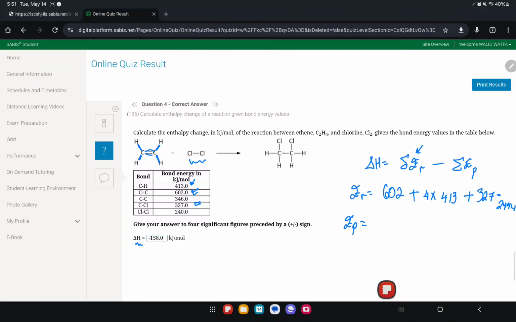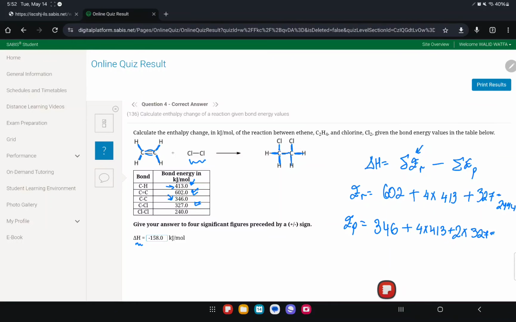Okay, how about the energy for the products? You have a CC bond, so that's gonna be 346. Plus we have 4 CH bonds, one here, one here, one here, so 4 times 413 again, because CH is 413, and then CCl bonds, we have 2 of them, so 2 times the CCl, which is 327.